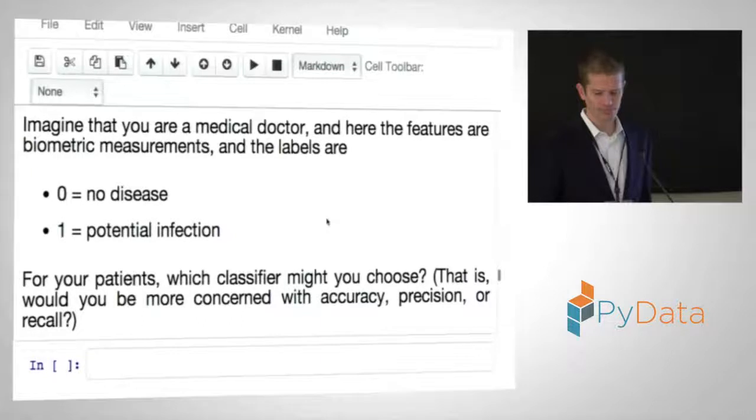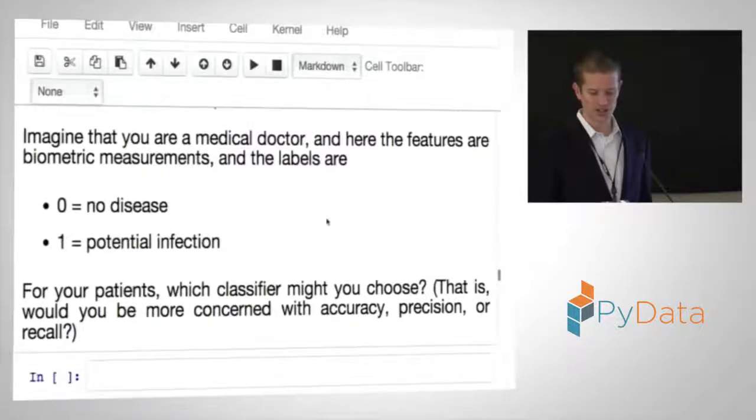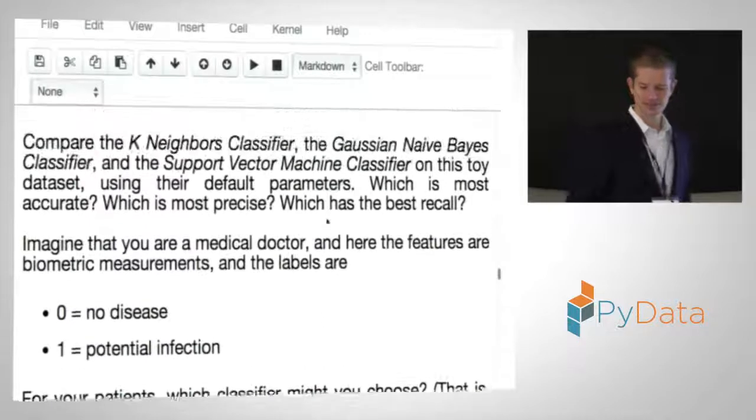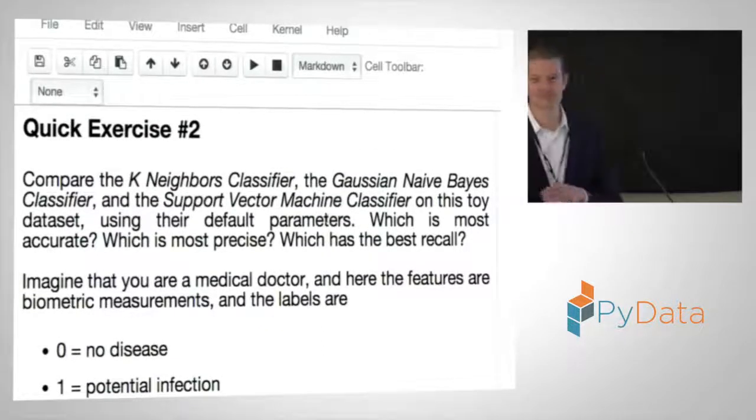With this, print out the classification report and figure out which of these three you might want to use for this particular problem, if you're interested in finding these interesting objects in the background. It'll take a few minutes to do that.